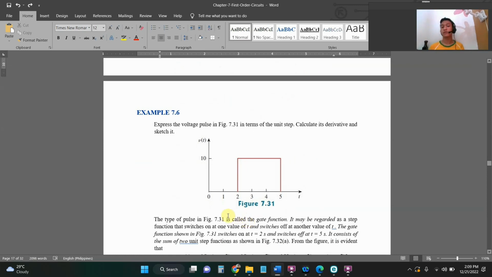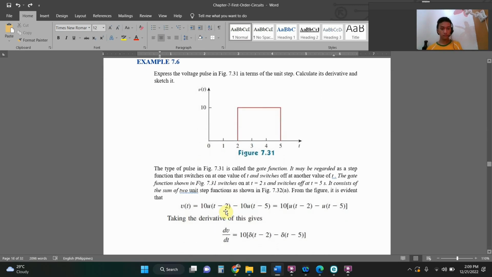Express the voltage pulse in figure 7.31 in terms of the unit step, then calculate the derivative and sketch it. The type of pulse in figure 7.31 is called the gate function. It may be regarded as a step function that switches on at one value of t, then switches off at another value of t.